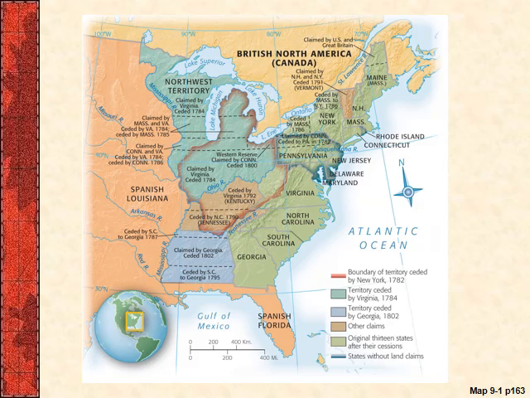Here's a map of our first boundaries, and you can see these western lands, including Chicago and Illinois, all claimed by Virginia. You can see it's overlapped, and you've got parts that are claimed by Massachusetts and Connecticut and Virginia again. North Carolina's claiming large portions over here, South Carolina over here.